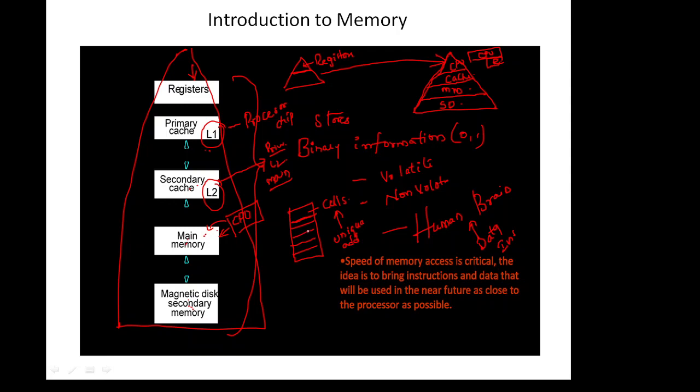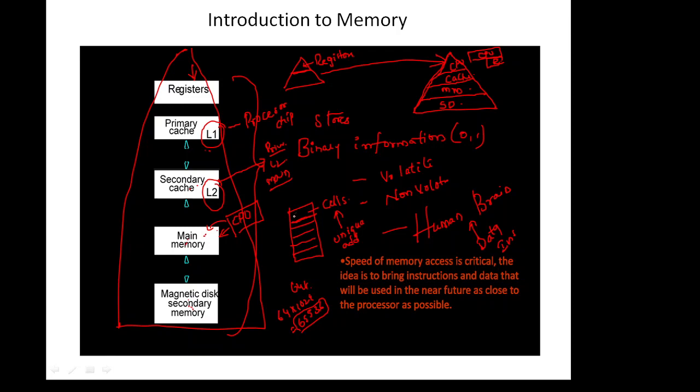Suppose, for example, our computer has 64K. Then this memory unit has 64 into 1024, which equals 65536 memory locations. Fine. This is how you calculate the memory address.